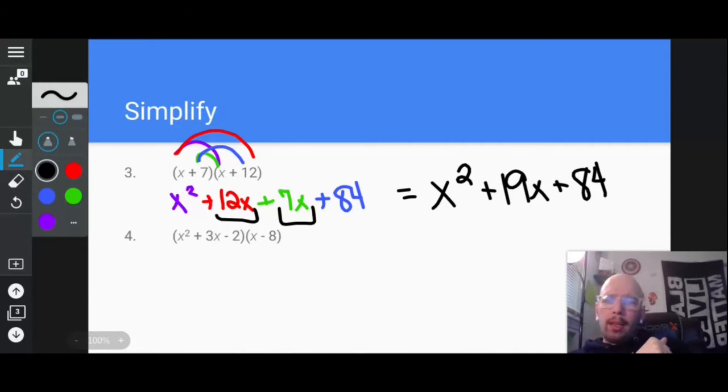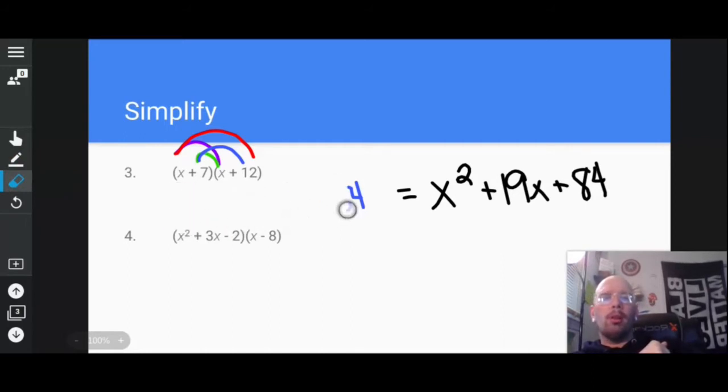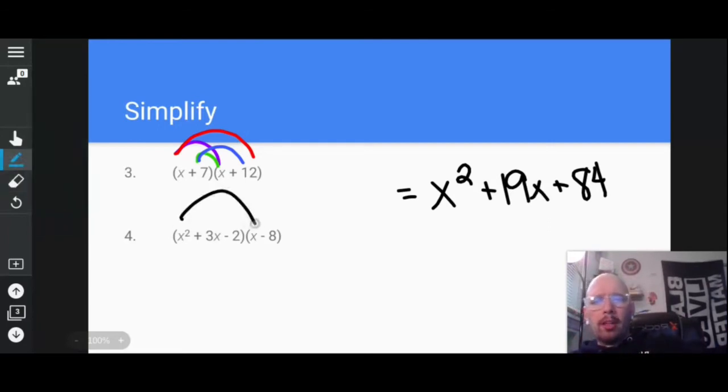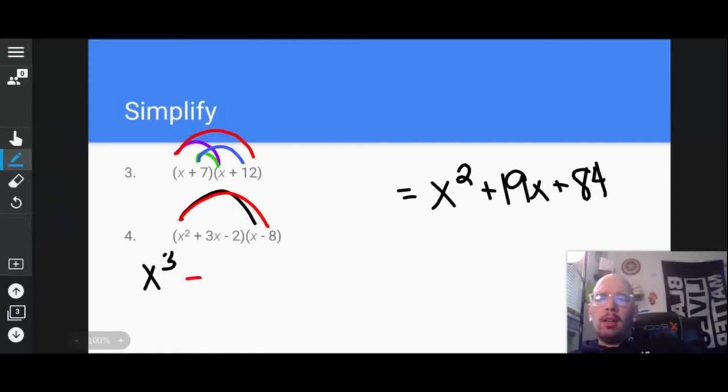All right, x squared times x. Actually, let me erase all of this stuff so I have the space to do it. X squared times x, x cubed. X squared times negative 8, negative 8x squared.